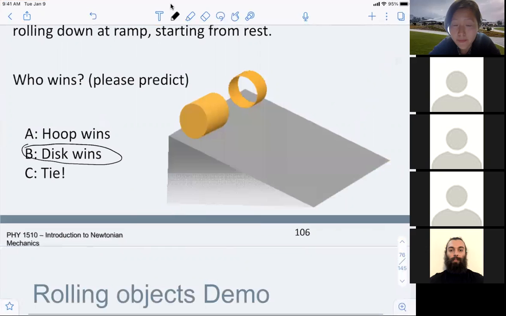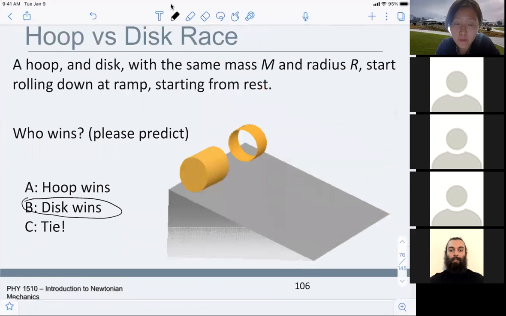Based on my answer from last time being wrong, they need to have the same final energy, because they had the same potential energy from having the same mass and same height. Since the mass of the disk is concentrated more towards the center than the mass of the hoop, the disk is going to have less rotational kinetic energy.